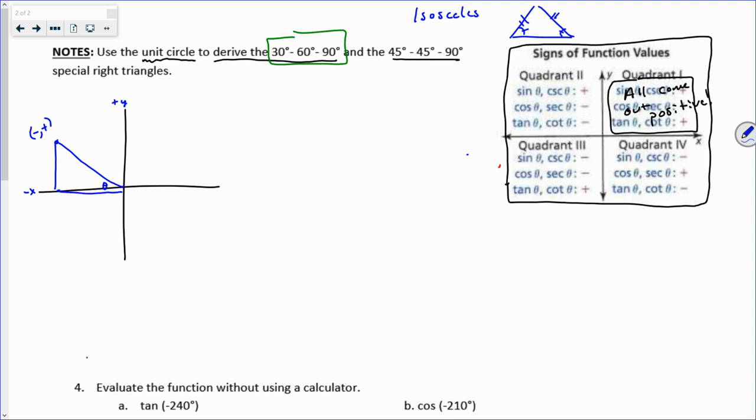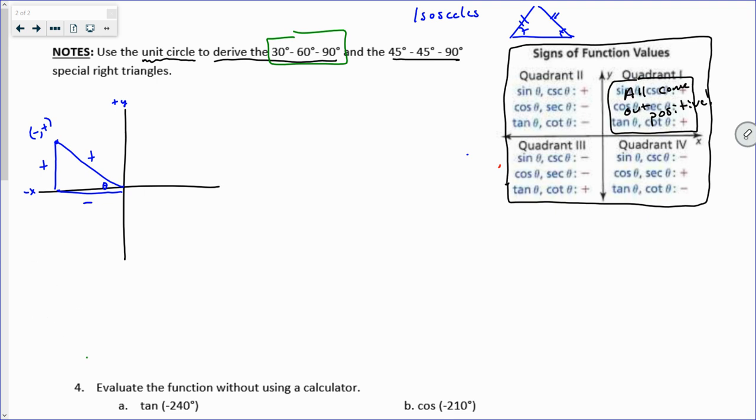Let's think about a few things, right? So if we're going back x, technically we're going negative here, we're going up here. If we would do a Pythagorean theorem, negative squared plus positive squared, that's going to come out positive, so our hypotenuse is also going to be positive.